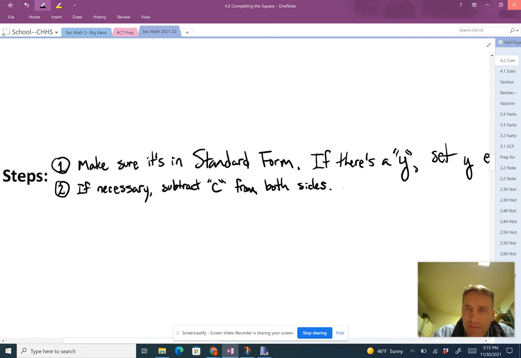And that will give you something, when you're finished, that looks like x squared plus bx, and I'm going to leave a space here, is equal to, well, I'll just put negative c since we subtracted it from the other side.